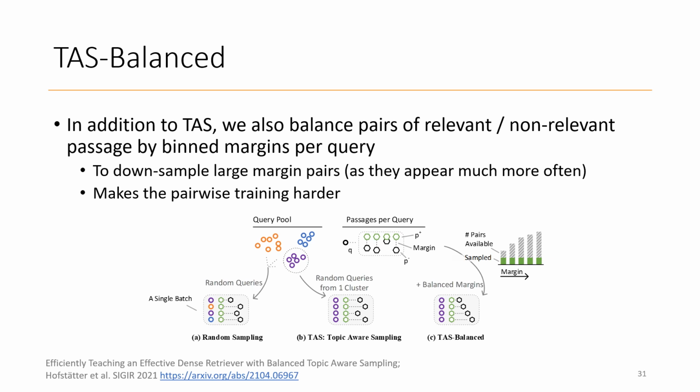We do random queries out of a single cluster, and then for sampling the passages for those queries, we look at each margin and the distribution of the margins to get a uniform distribution of margins in a batch.